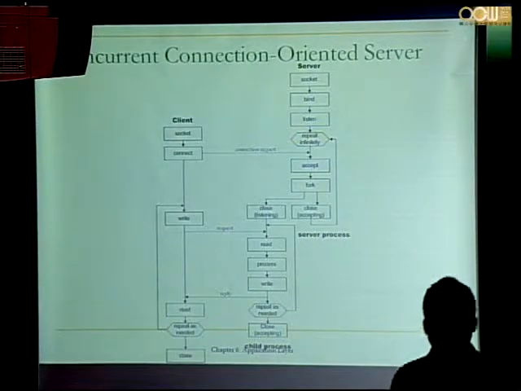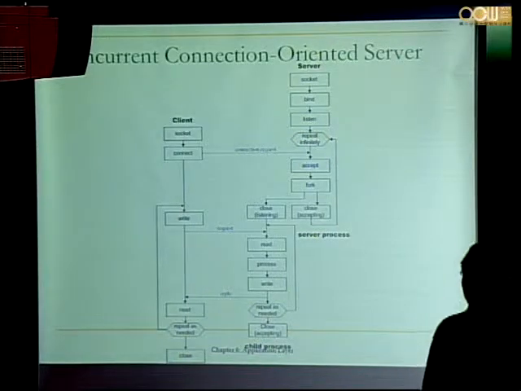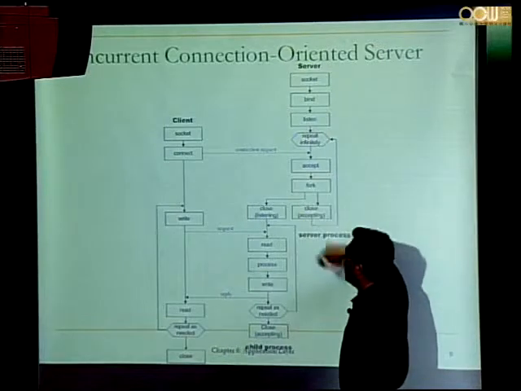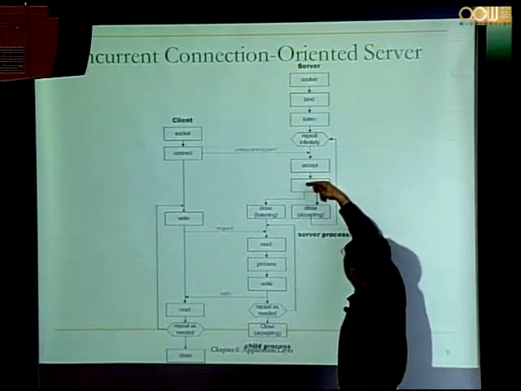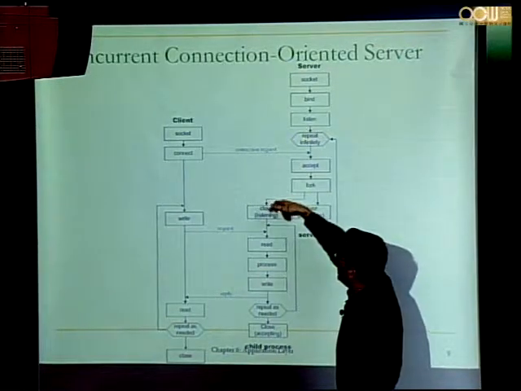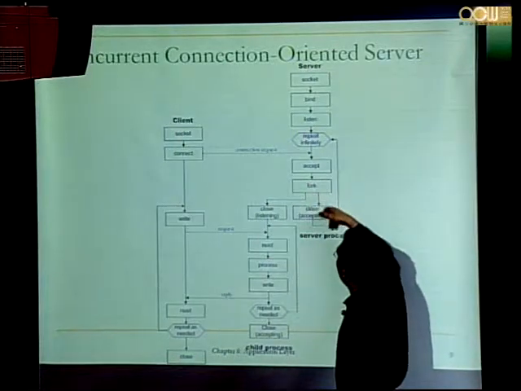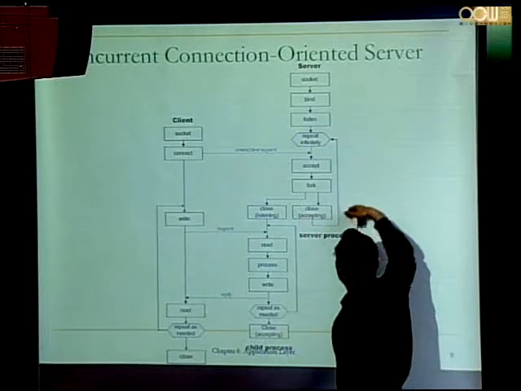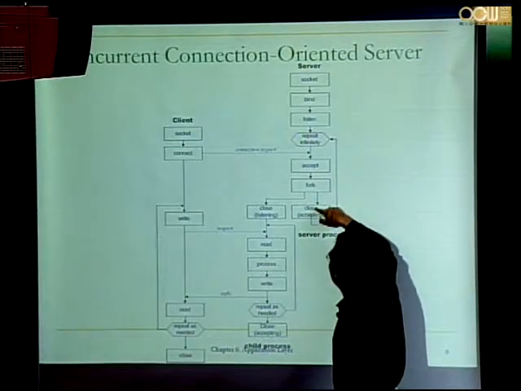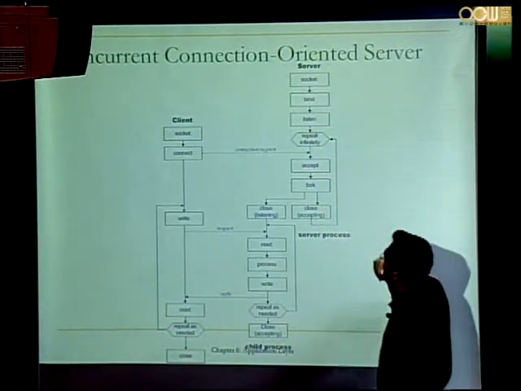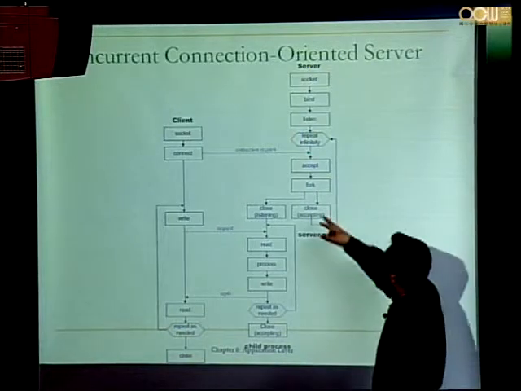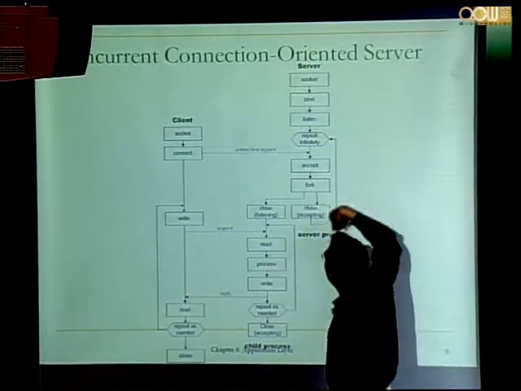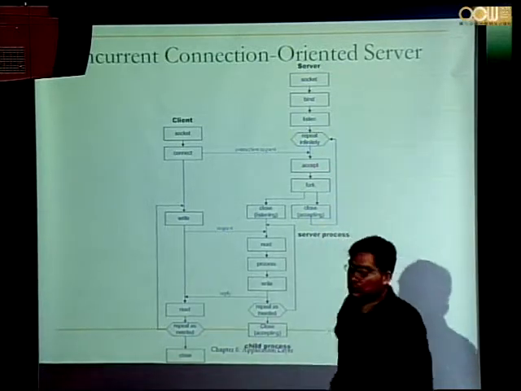When it returns, it calls the next function, which is fork. It will fork a child process and let the child process execute this, while itself, as the parent process, executes this. So it will close the file descriptor of the child and come here, and wait here indefinitely.